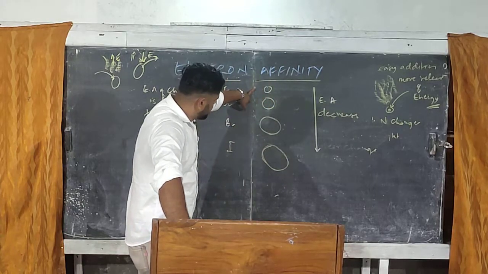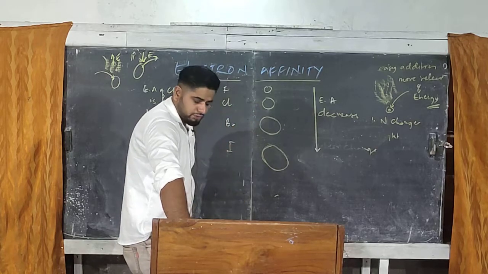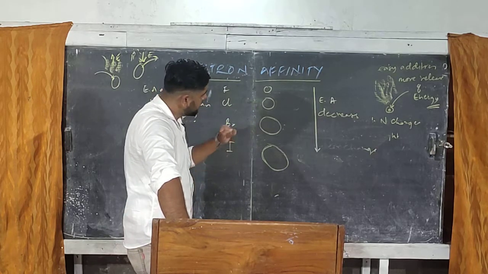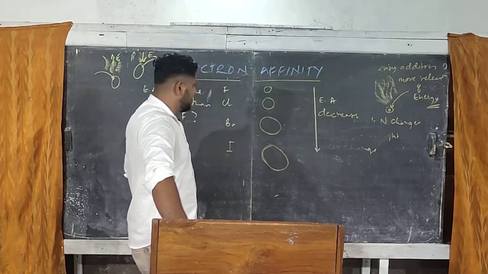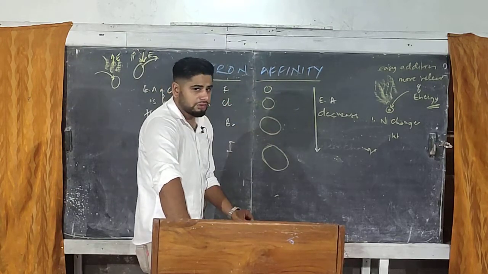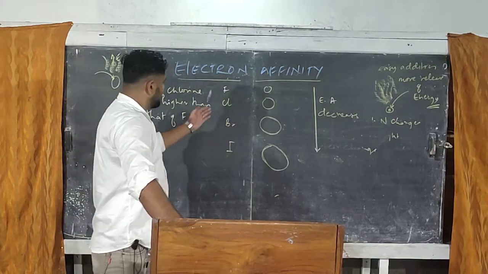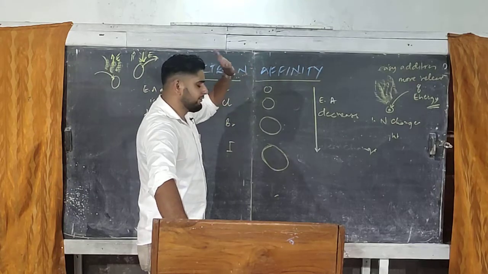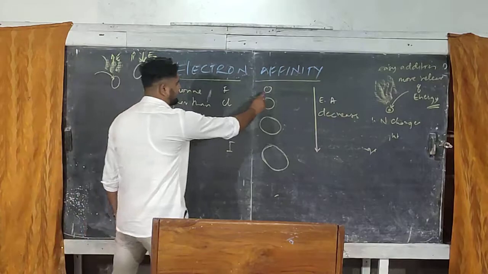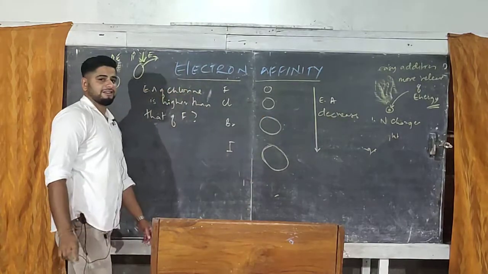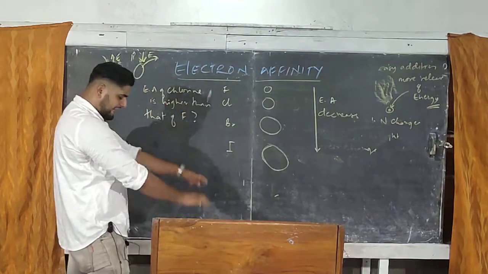So this must have higher affinity than this, and in turn higher than this, and so on. Yes or no? But here, in the case of fluorine and chlorine, this condition is not so. The electron affinity of chlorine is higher than fluorine. Okay, so the answer is in the size. You can explain this in terms of size.